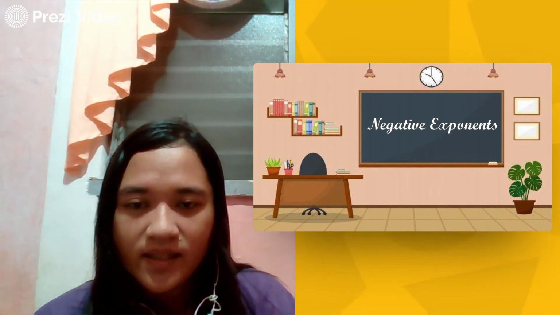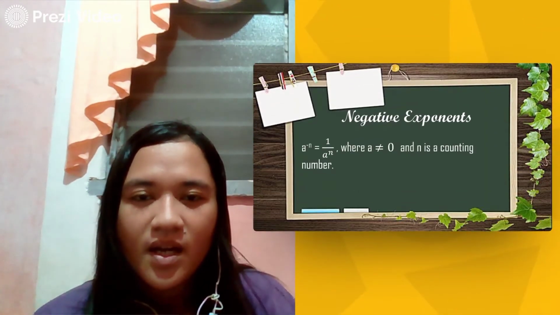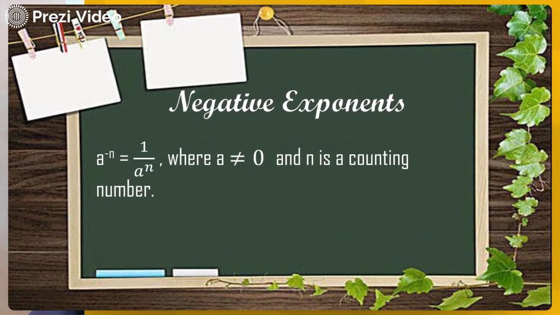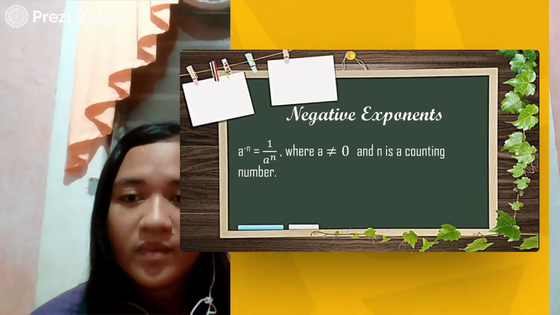Negative exponent. We have a raised to negative n is equal to 1 over a raised to n, where a is not equal to 0 and n is a counting number.